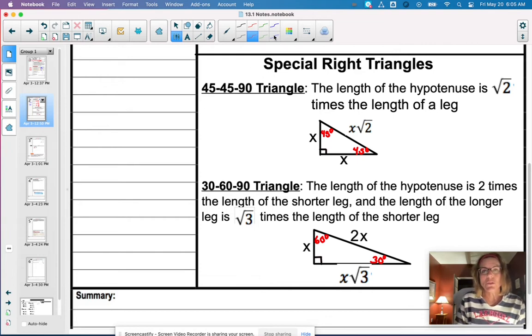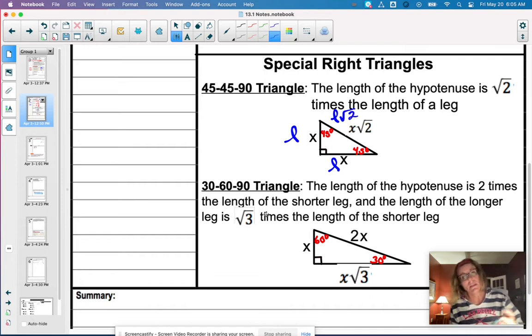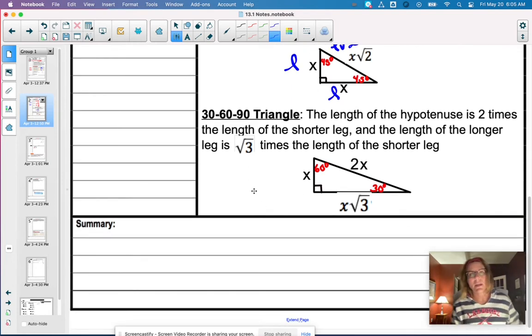Now, I was told by some of the geometry teachers, I've never taught geometry, that in geometry, they call each of the legs L. So therefore, the hypotenuse then is L root 2. So I'm trying to be consistent and make your life as easy as possible. 30-60-90: the length of the hypotenuse, again, the side opposite the 90 degree angle, is 2 times the length of the shorter leg, and the length of the longer leg is root 3 times the length of the shorter leg.